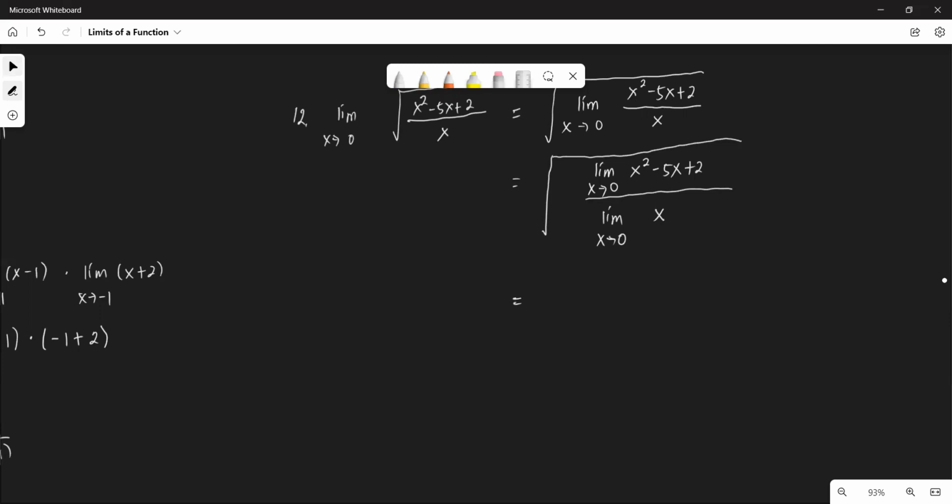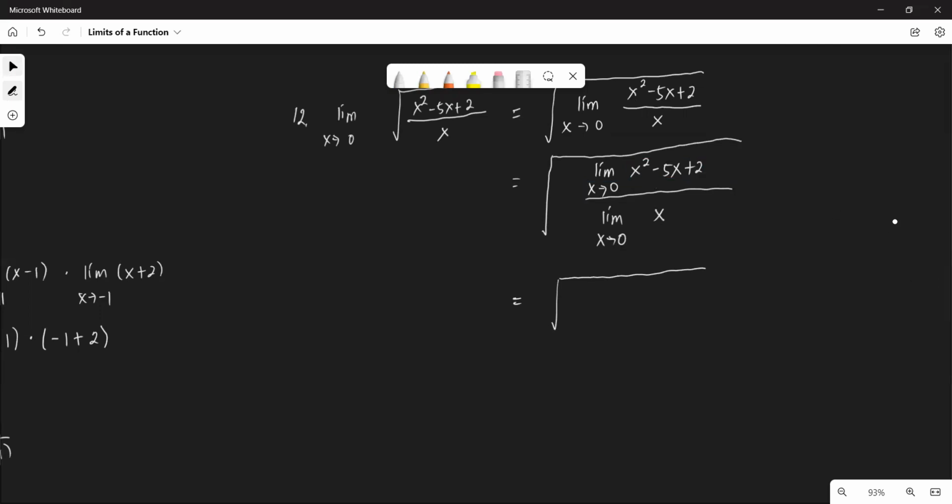So we have the square root of, so let's just get the limit right away. For x squared, using one of the properties, if you have an exponent, the limit of x as x approaches 0 is 0, then raise it to the power of 2.